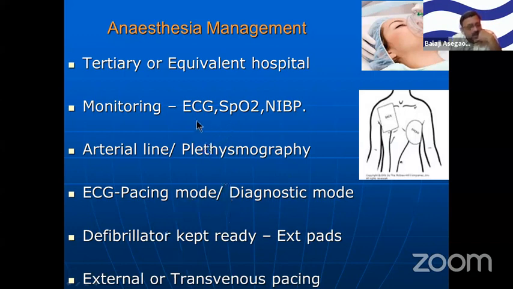In certain cases, when you are doubtful about the pacemaker and its function, you should have access to the central vein. You should take either femoral or IJV cannulation. And in certain situations nowadays, external pacemakers are also available. Just apply this in a drastic situation. You can take the help of this kind of pacing.